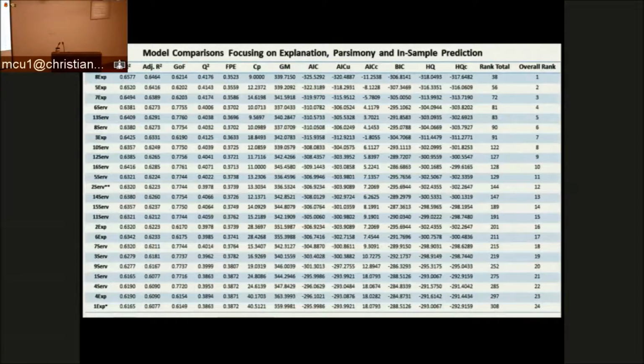And Q squared is the in-sample prediction. So for all these 24 models, I've created these values. And based off of these values, I want to know which model comes out on top. The model with the highest R squared, the model with the highest adjusted R squared, is ranked first by that criteria.